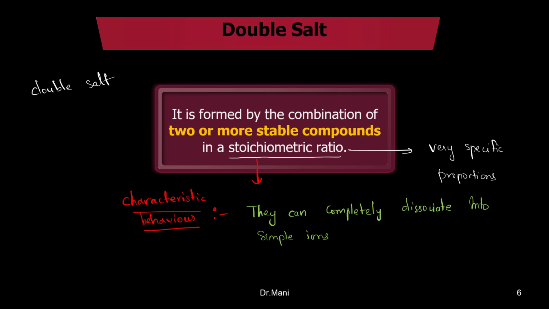That we'll see when we discuss the complex salts. Generally the complex salts will retain their original structure even if you put them into water, but here it's not like that. Just remember, it will dissociate into simple ions when you dissolve it in water. That's a unique property, the characteristic behavior, of the double salts. Is that clear?